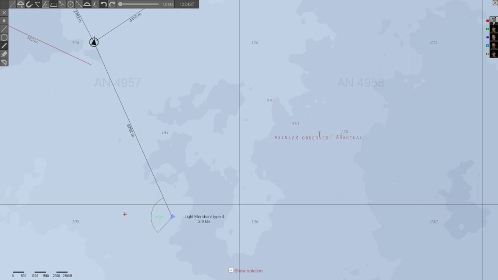Okay. The inverse sine, okay, of the aspect ratio observed over aspect ratio actual.